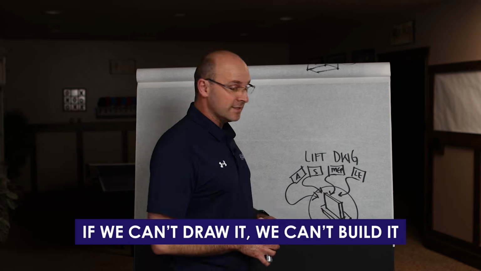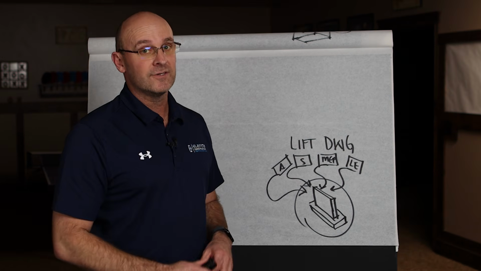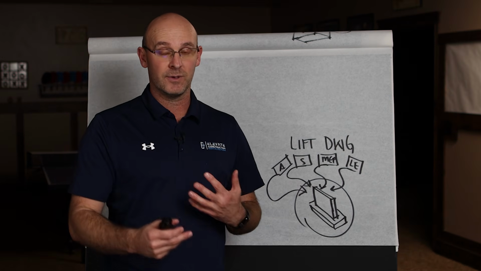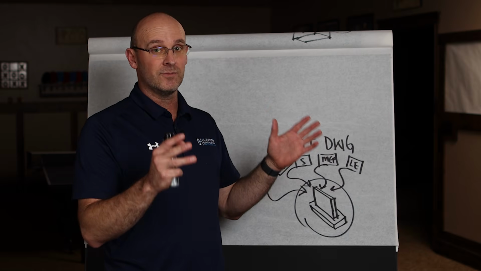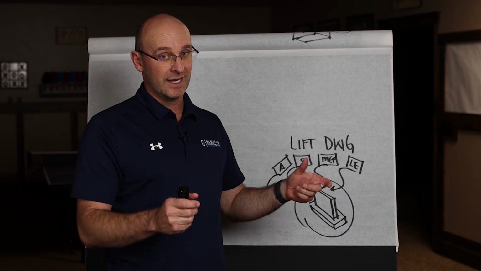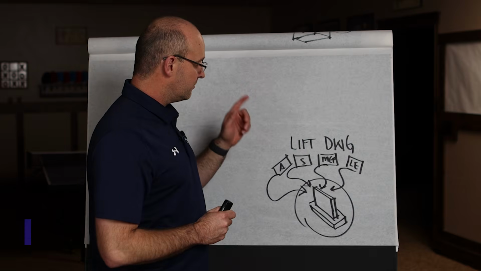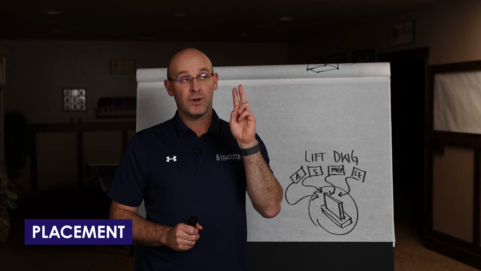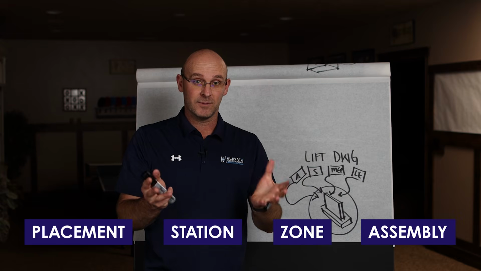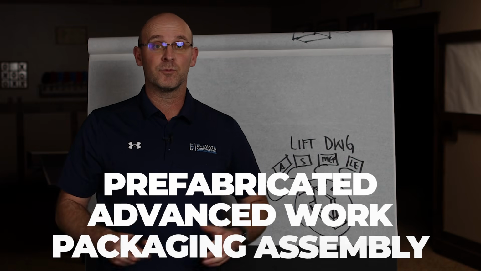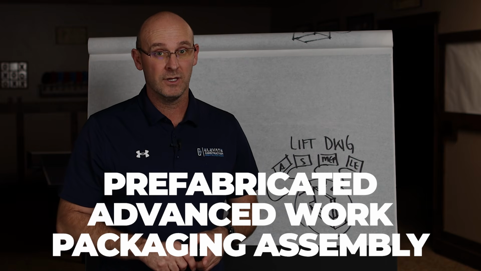And it also provides a nice drawing. In fact, one of these days, if we want to get design teams working in a better flow, we will not provide drawings by system and by discipline in a package. We will have them designed by placement or by station or by zone or by assembly if we're doing some kind of prefabricated advanced work packaging assembly.